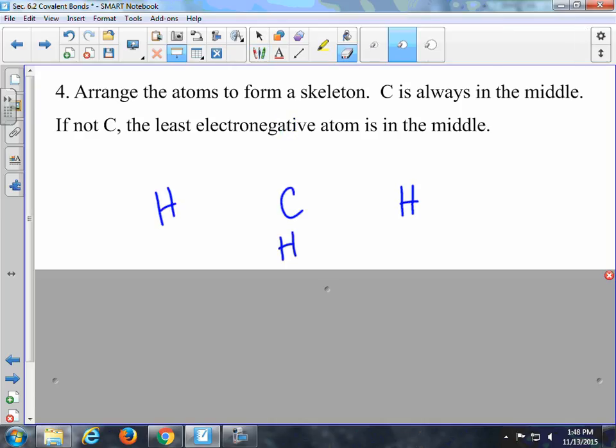It doesn't matter how you rearrange them around the atom as long as you have as many. So we have CH4. So we arranged our skeleton.